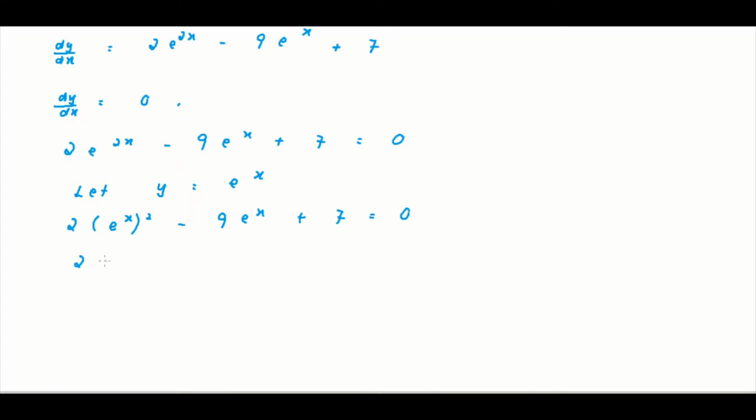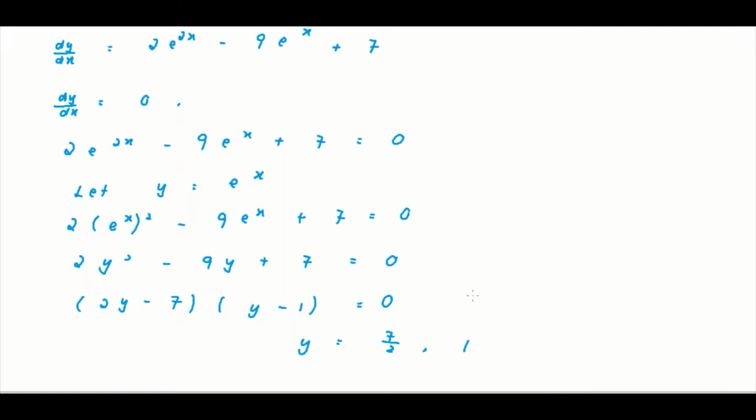So you have 2y squared minus 9y plus 7 equals 0. Okay, now you can continue to solve it. You will get 2y minus 7 and also y minus 1. So you have y equals 7 over 2 and 1.